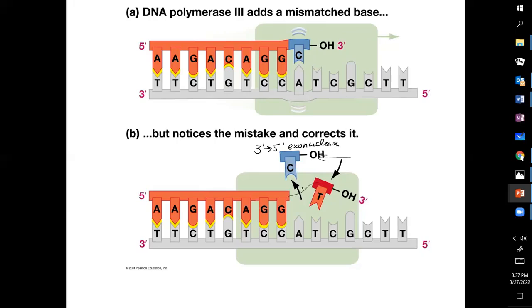And then it puts this back in with phosphodiester bond using its 5' to 3' polymerase activity. So if you remember, primer removal by DNA polymerase 1 used a 5' to 3' exonuclease activity. Proofreading uses a 3' to 5' exonuclease activity.